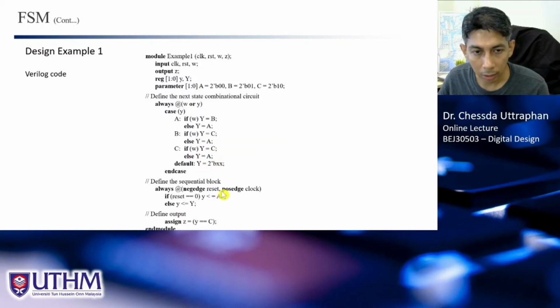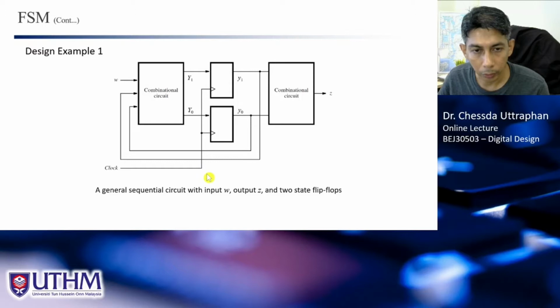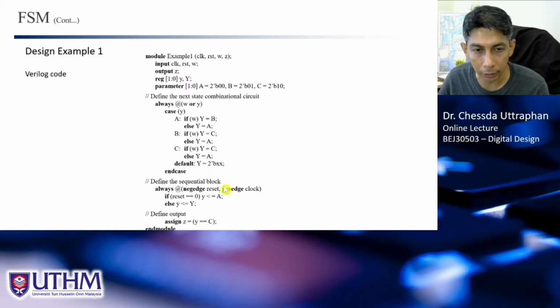with Verilog, if you have the state diagram like this, you don't need to derive the circuit like this, because we can describe the state machine using behavioral modeling like this.